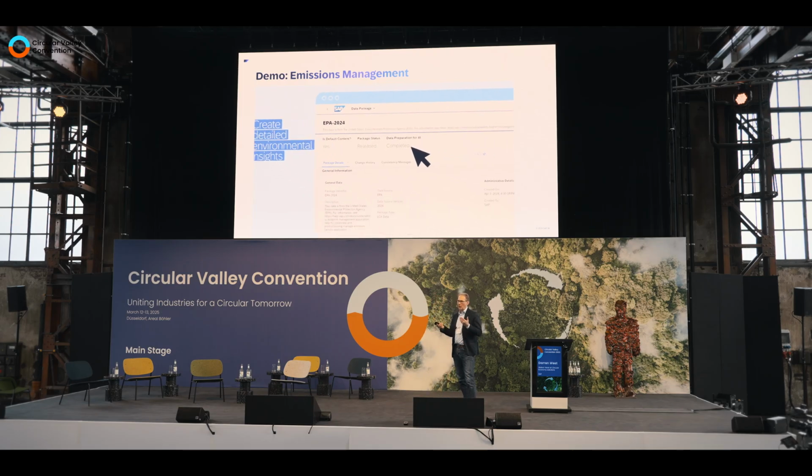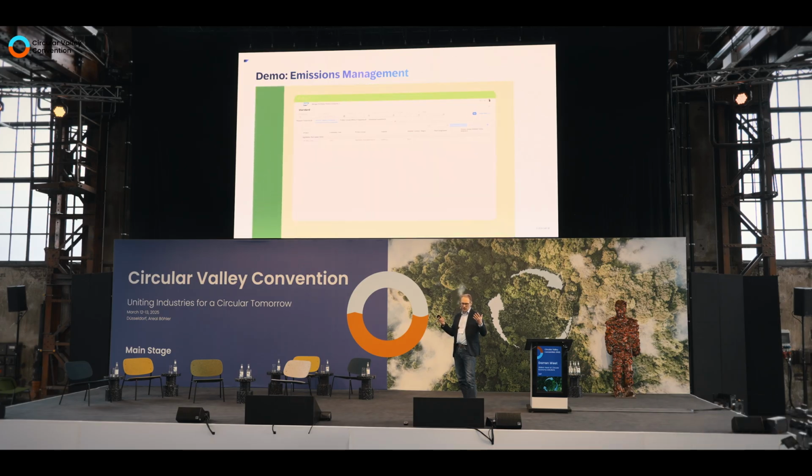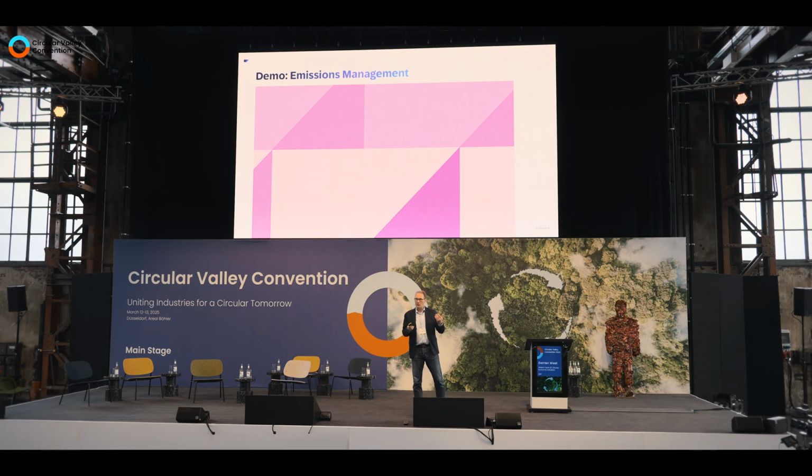You might want to pull in emissions factor data to calculate what that carbon footprint is, and that's a very tedious manual task. So what you do is you get the technology to do it for you. The technology can map all the emissions factor data related to your soya beans, can pull it in, and can give you a result with a confidence level. So you can check and do that. All automated, saves a lot of time.